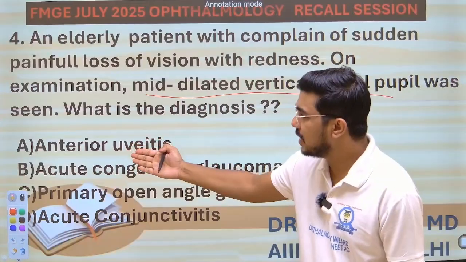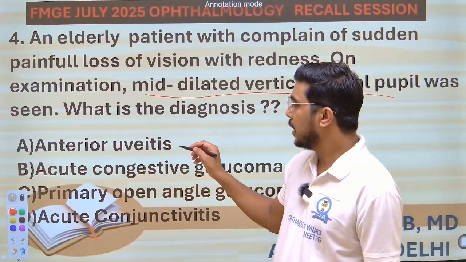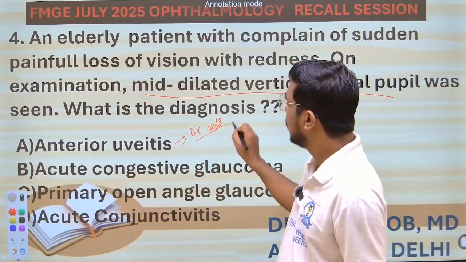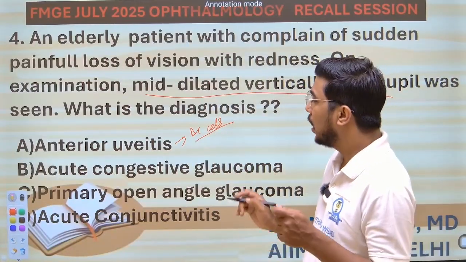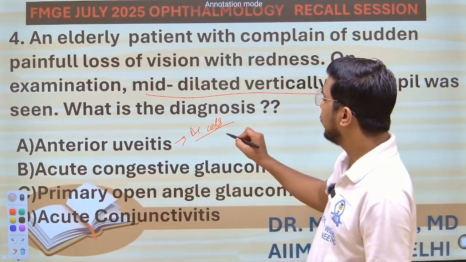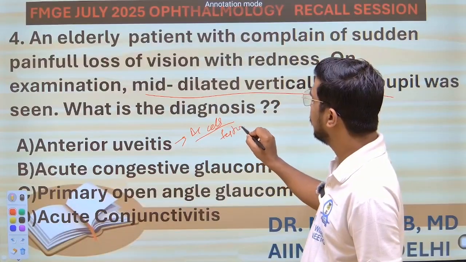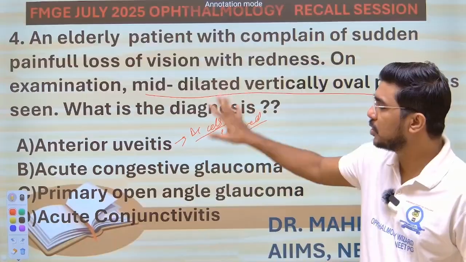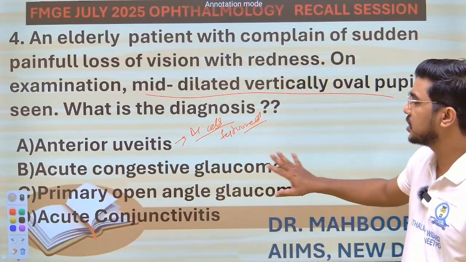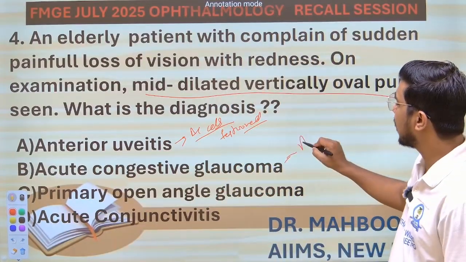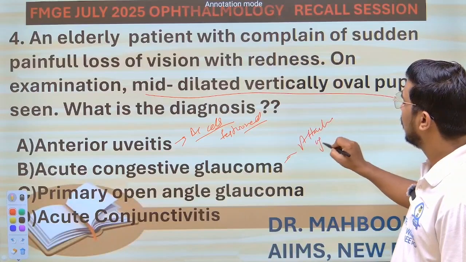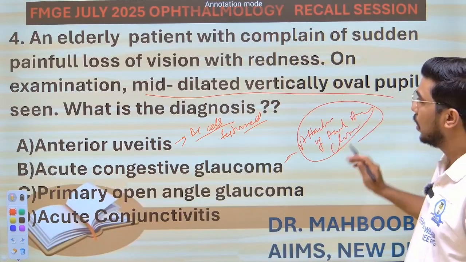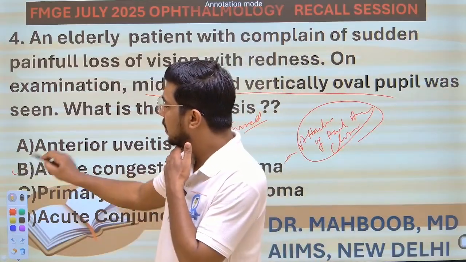So anterior uveitis, no, because in anterior uveitis you should have AC cells. The pupil will be a festooned pupil. I will discuss later one by one. So the answer for this question is acute congestive glaucoma, because there is an attack of acute angle closure.